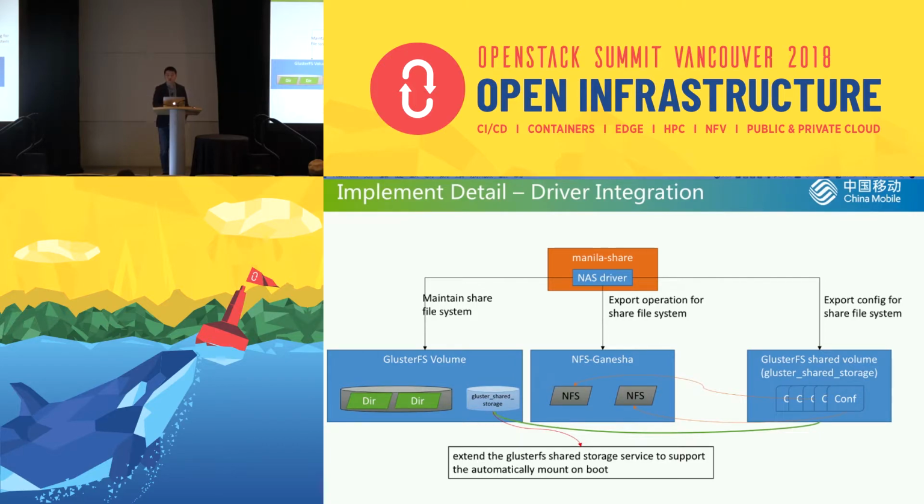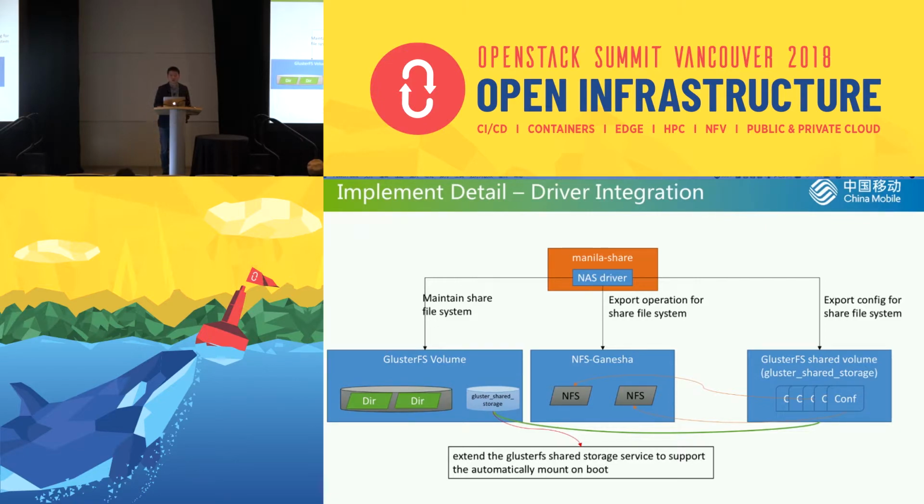Based on the GlusterFS driver and Ganesha driver in the OpenStack community, we integrated them and did some custom development and optimization. The main process of the new driver, which we call the NAS driver, is in this picture. The GlusterFS volume maintains the shared file systems and their directory layout.